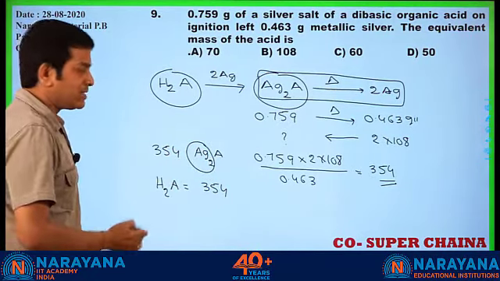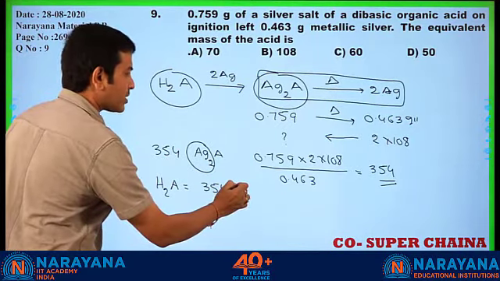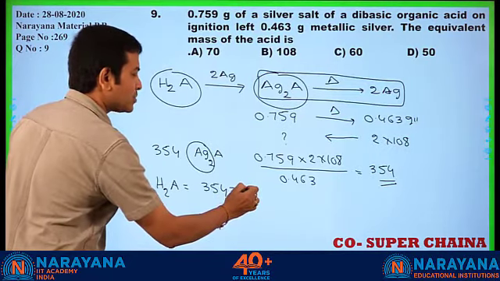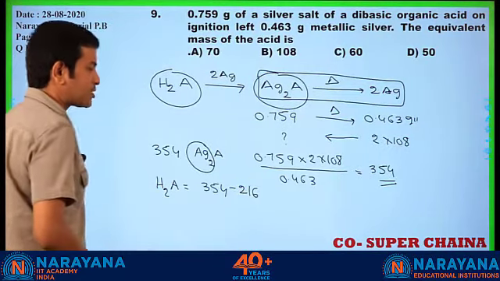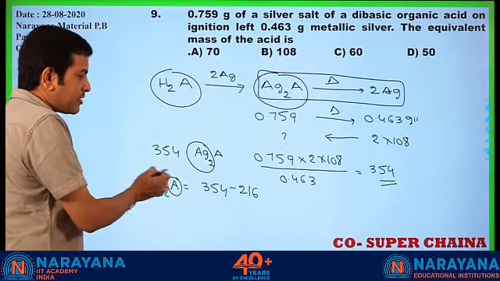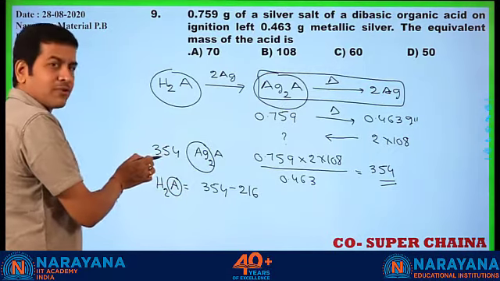Remove the 2 Ag weight: 354 minus 2 into 108, that is 216. So that will be the weight of A.